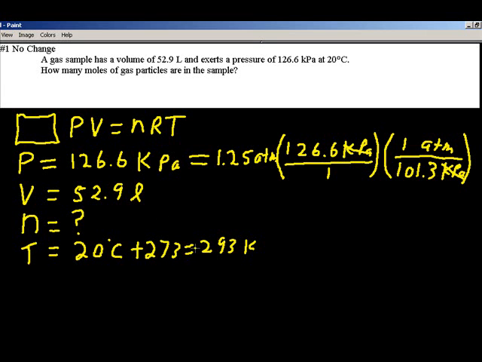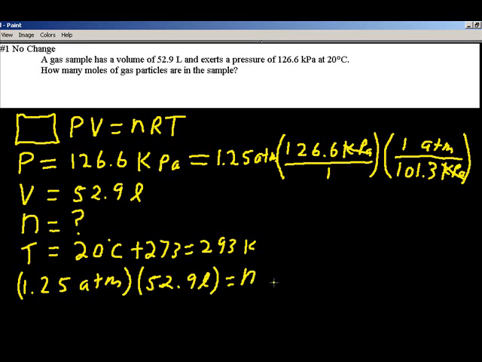And so now we just plug the values into this equation. And so now we get 1.25 ATM times a volume of 52.9 liters. That's going to equal a mole count that I do not know.